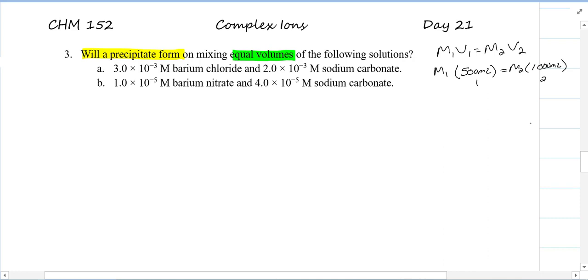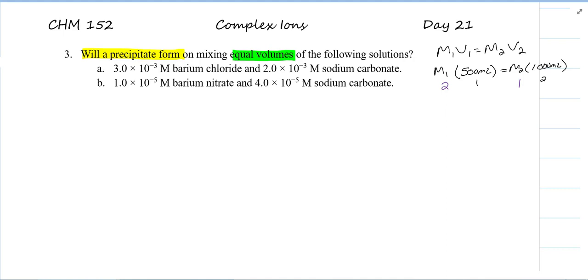That means my concentration has to be 2 to 1, it has to halve. So when I mix equal volumes, my concentration is halving. Whether it's 25 milliliters, 250 milliliters, 25 liters, 1,000 gallons, it does not matter. If I'm doubling the volume, I'm halving the concentration.